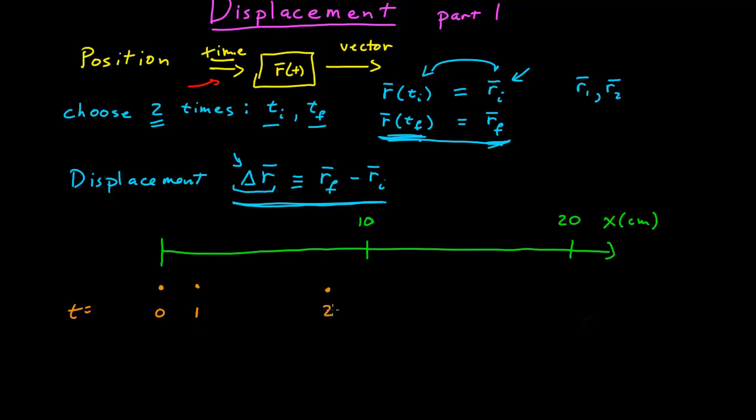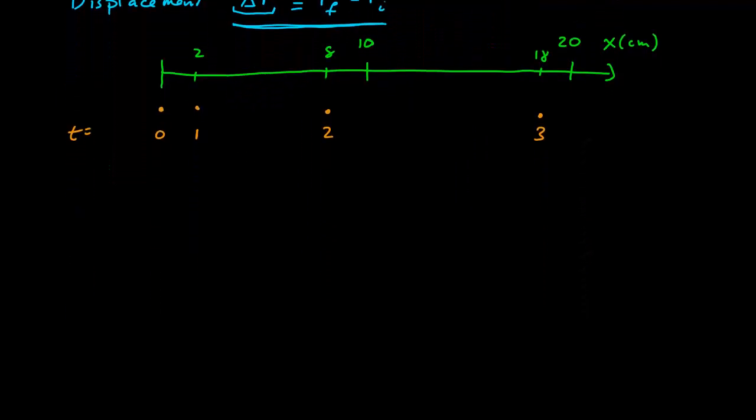At t equal to 2, it was about at x equals 8, and at t equal to 3, it was about at x equals 18. All right, and so we were able to identify then the position vectors at these four points in time.